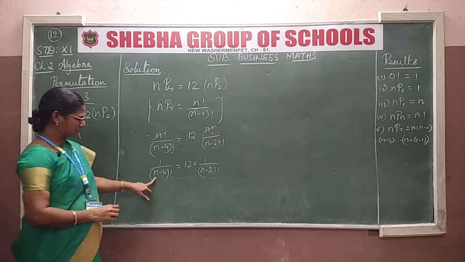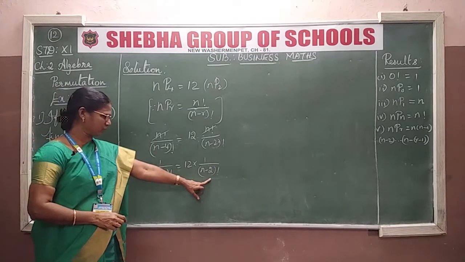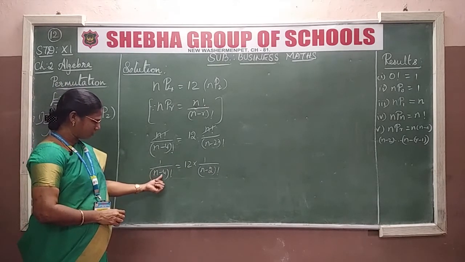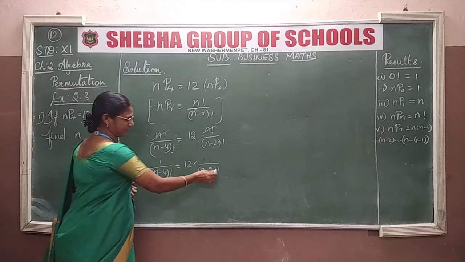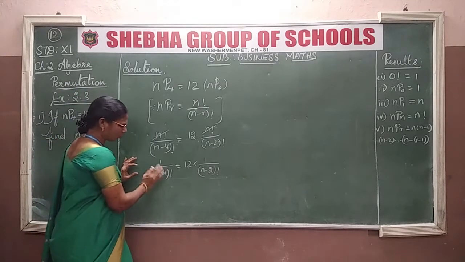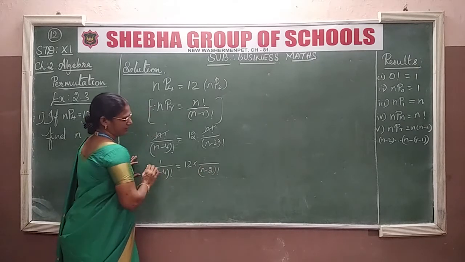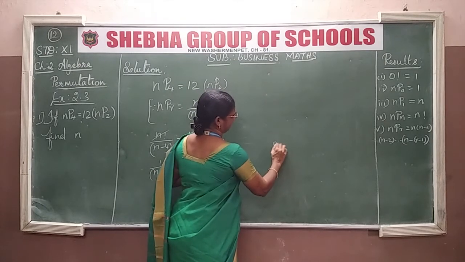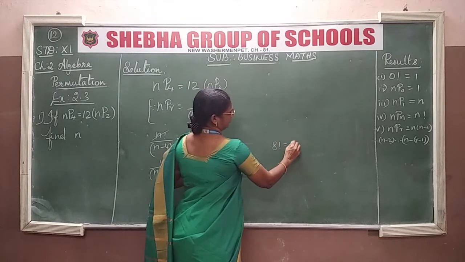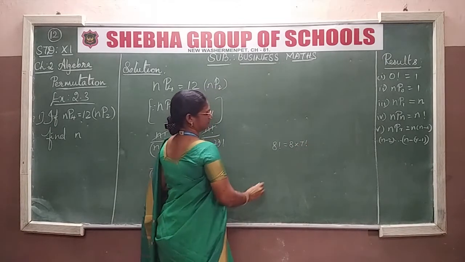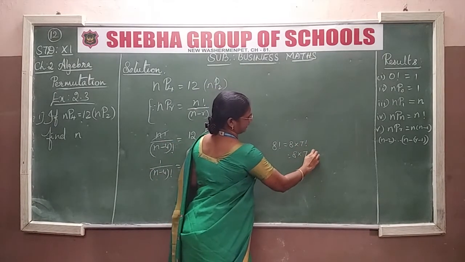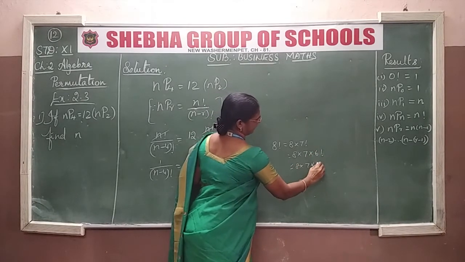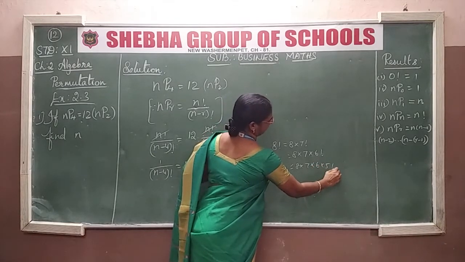And listen, among these two, n minus 4 factorial and n minus 2 factorial, which is the small one? Listen clearly, n minus 4 factorial is less than n minus 2 factorial. We have to rewrite the big one in terms of the small one. In the last class we have seen, for example, 8 factorial, we write as 8 into 7 factorial, and also 7 factorial becomes 7 into 6 factorial, and 8 into 7 into 6 factorial is written as 6 into 5 factorial and so on.